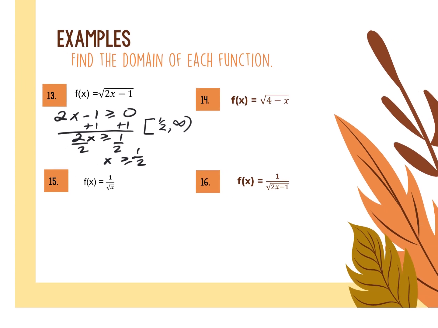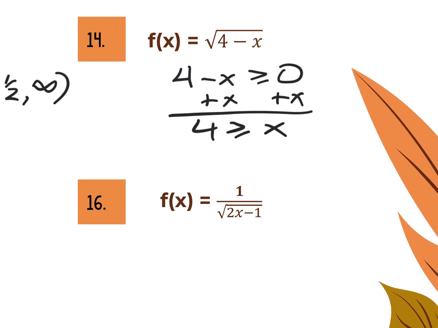For number 14, same thing. No fraction, just a radical. So it has to be positive, so it's got to be greater than or equal to 0. I'm going to go ahead and just add the x. And then I get 4 is greater than or equal to x. Now, if you want to flip it around, remember, Mr. Alligator here is chomping down on the 4.